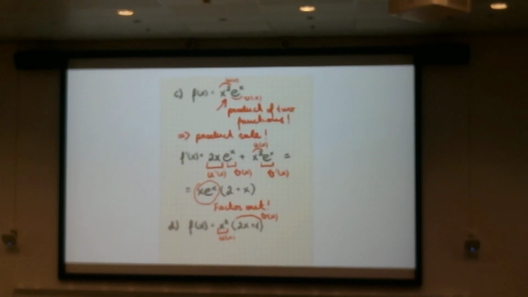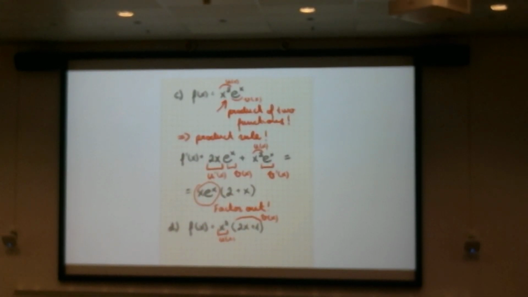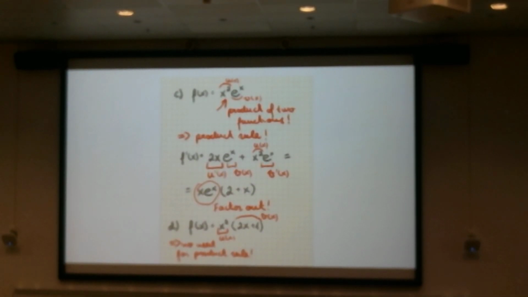But if you have a situation like this, product rule is a bit of an overkill, I would say, because you can simplify this function. So here, you can do it, but there is no need for product rule. So you need to be a bit forward-looking again, and just notice that you can rewrite this as 2x to the power of 3 plus x squared, right? Because I can just take this, multiply by this, and multiply by that.